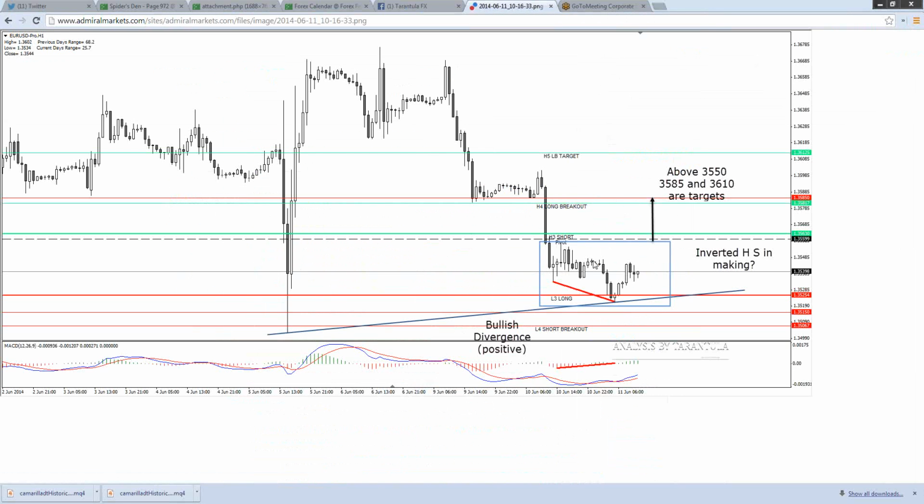And look at this, this is an inverted head and shoulders forming, and watch the price. This is bullish divergence, only if it breaks through these zones. 34.85, 34.90 will come probably. And you see the power of Camarilla here again. Divergence, L3, bang. Okay.